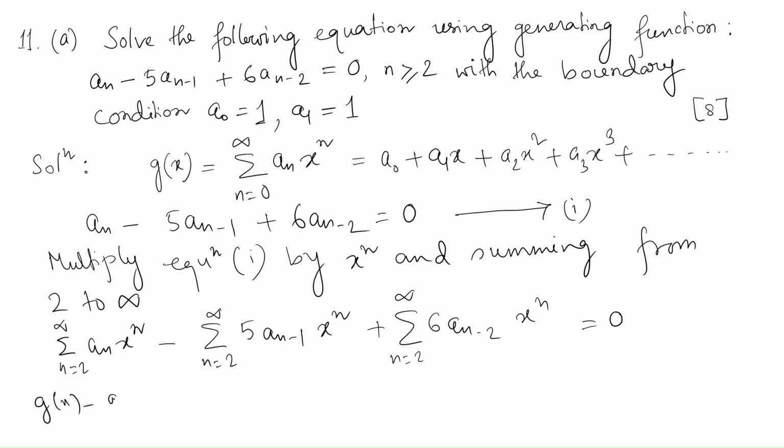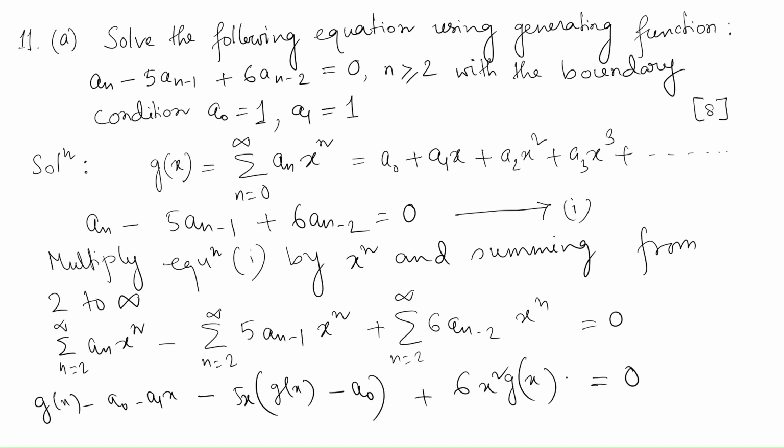G(x) minus a0 minus a1x, minus 5 common and inside x(G(x) minus a0), and here 6x square G(x) equals 0.